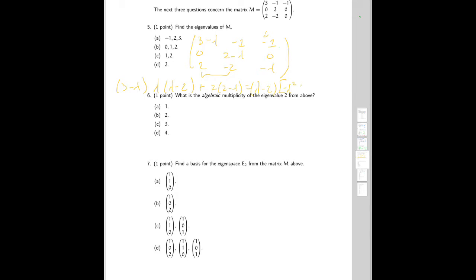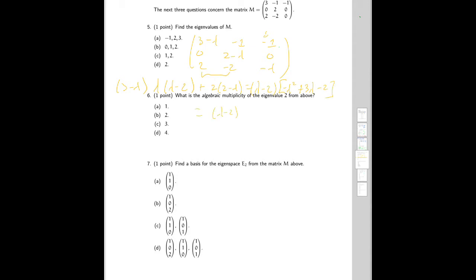minus lambda squared plus 3 lambda minus 2.